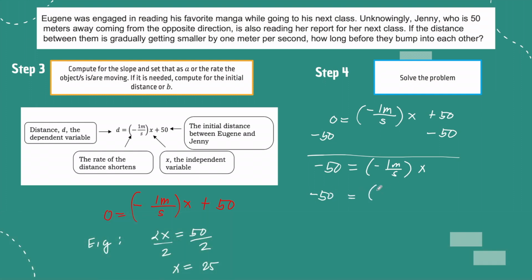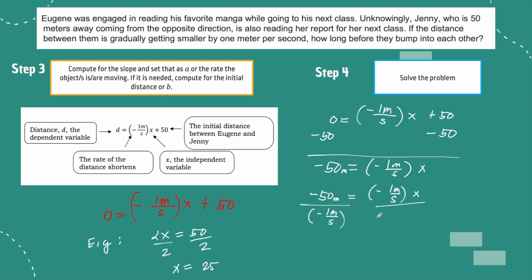So, magkakaroon ka ng negative 1 meter per second x. Divide both sides by negative 1 meter per second. Syempre, ano ba unit of measurement ni 50? Di ba, meters yan kanina. So, pwede mo na siya lagyan dyan ng meters. So, magiging divided by negative 1 meter per second.